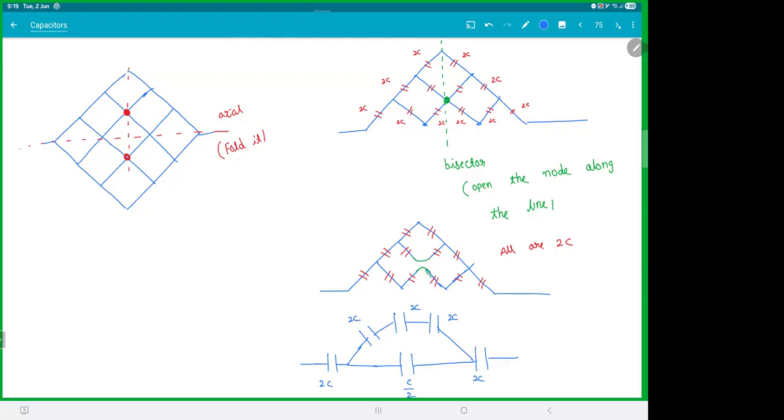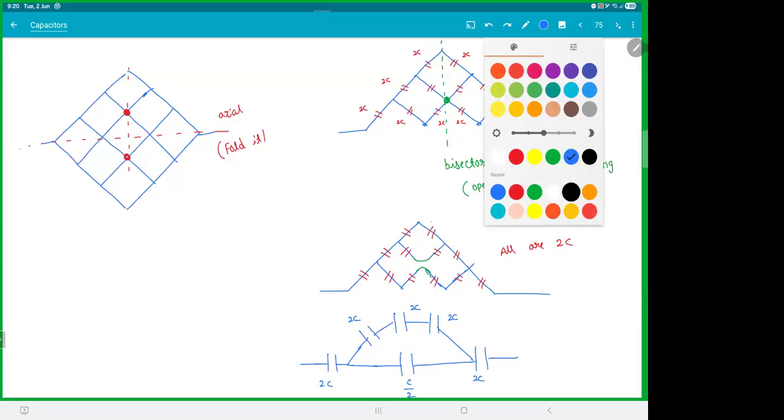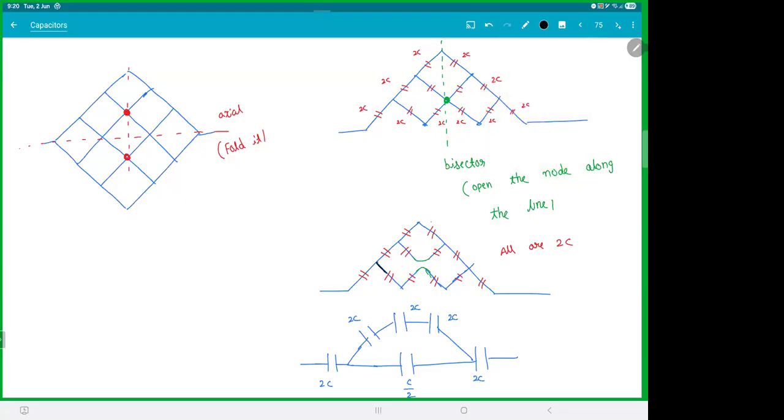Are you guys able to see the circuit now? Can you see what I did? These three guys are these three. The four ones are the C by 2. I'll draw the black line. Look at this black line. This black line is C by 2.